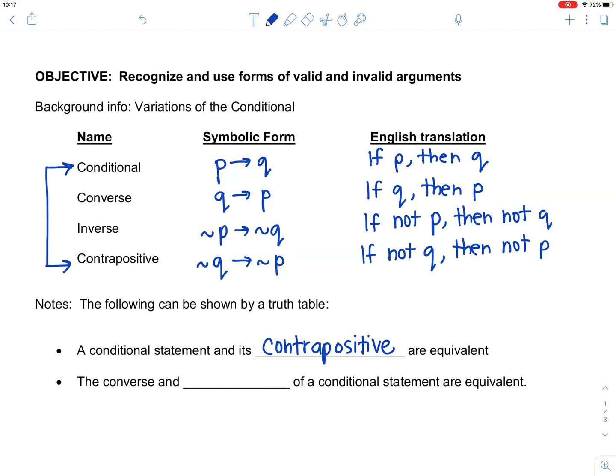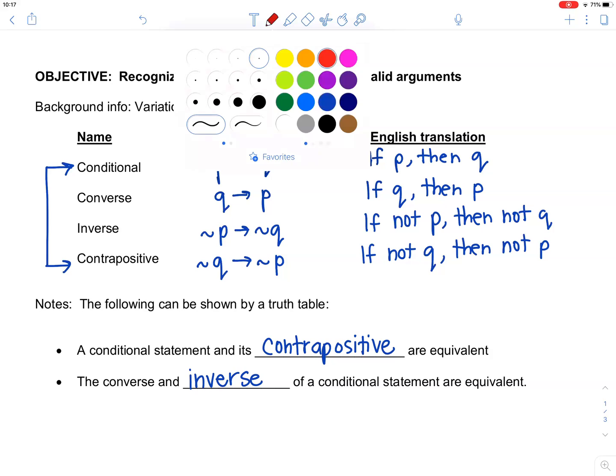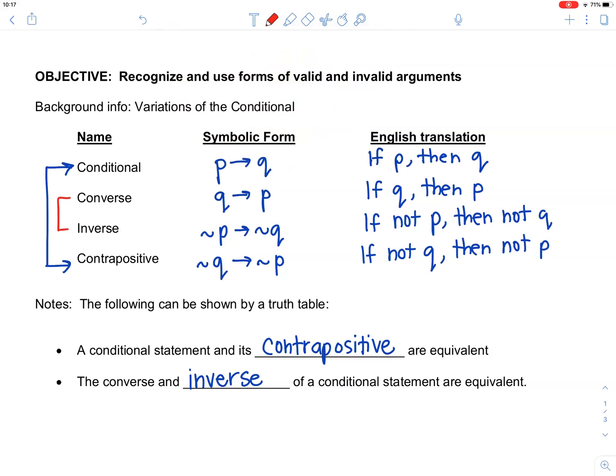And then the converse and the inverse are equivalent to one another.